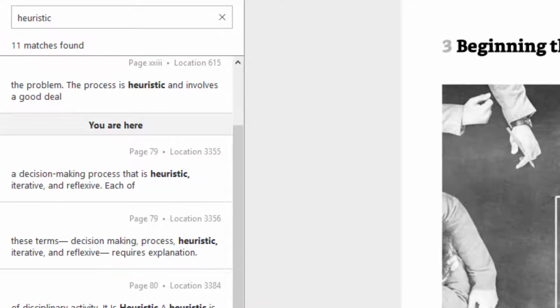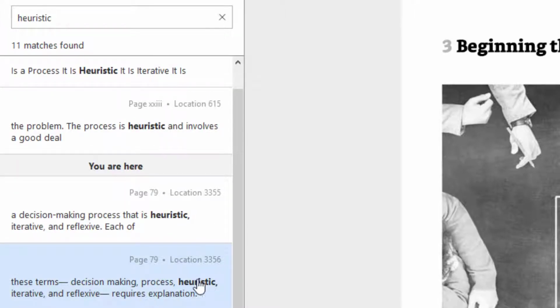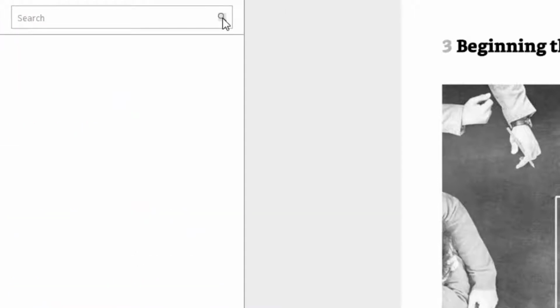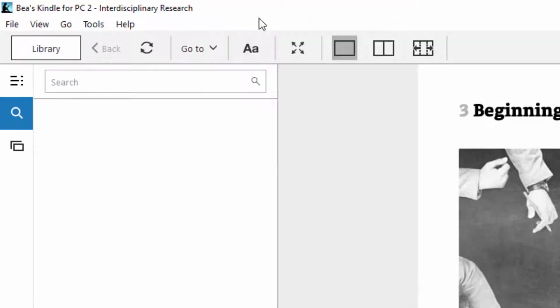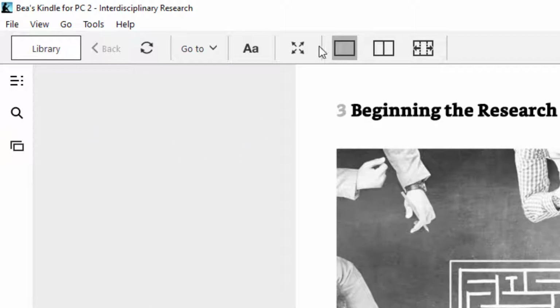And I can scroll through and see all the places that it's mentioned in the book, and I can kind of see some of the text surrounding it. So it's a really helpful thing to have to be able to search. You can't do that in a paper textbook. You can't do that in one that you've got holding in your hand. But I did want to point that out because I like it as a feature, but it's not for everybody.